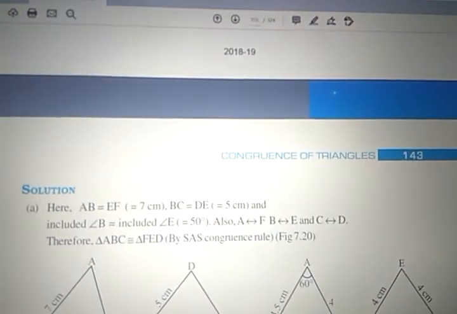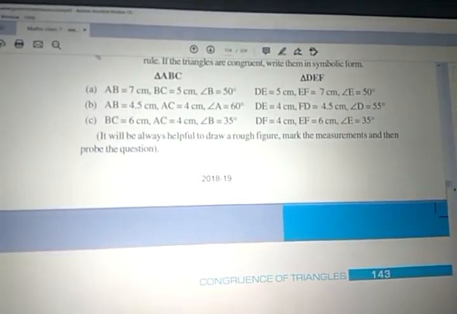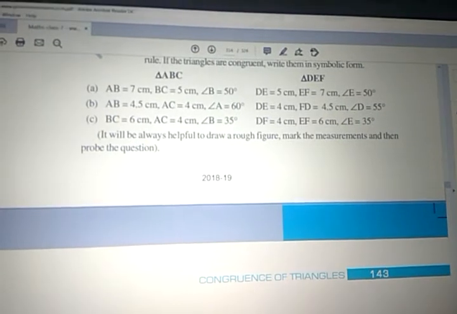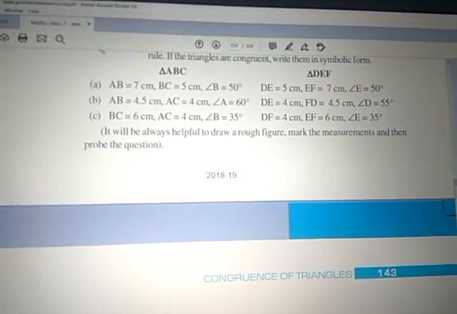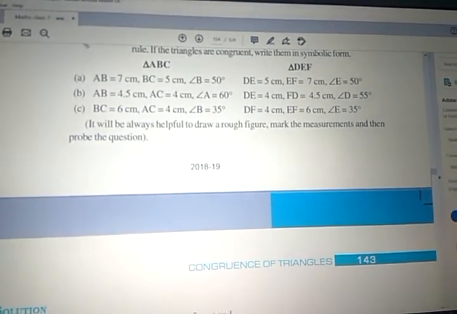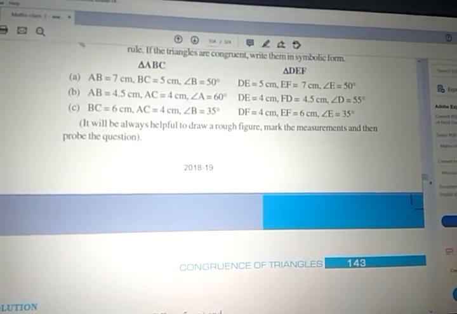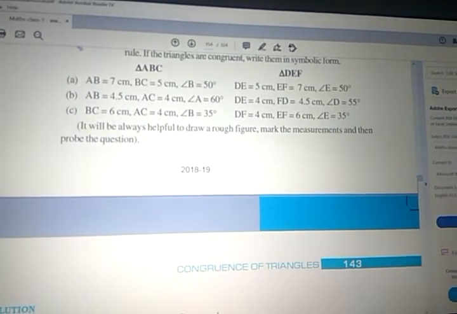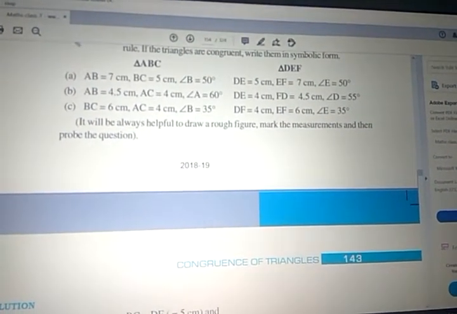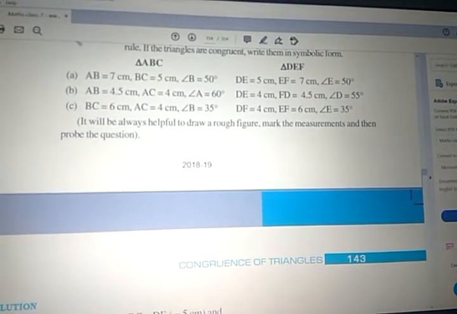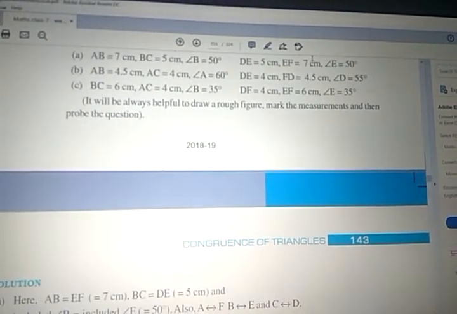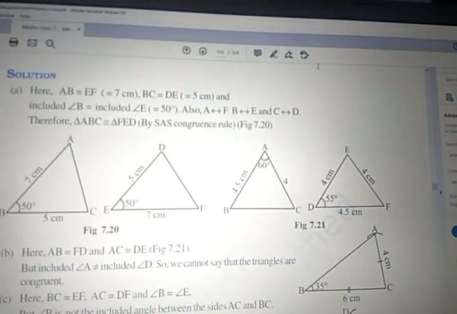Now in question number 2, AB is equal to 4.5 centimeter, AC is equal to 4 centimeter, angle A is equal to 60, DE is equal to 4 centimeter, FD is equal to 4.5 centimeter and angle D is equal to 55. Okay, so let's see that result.